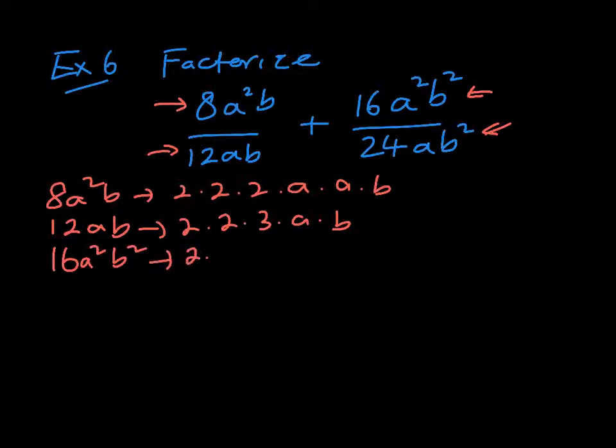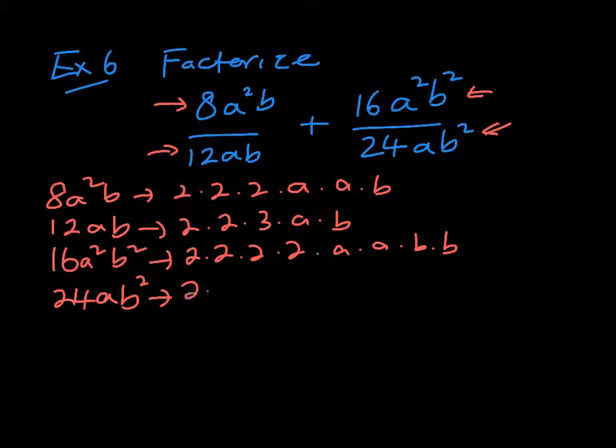That's 2 times 2 times 2 times 2 times a times b times b. Okay, what about 24ab²? 24 is 8 times 3, so that's 2 times 2 times 2 times 3 times a times b times b.